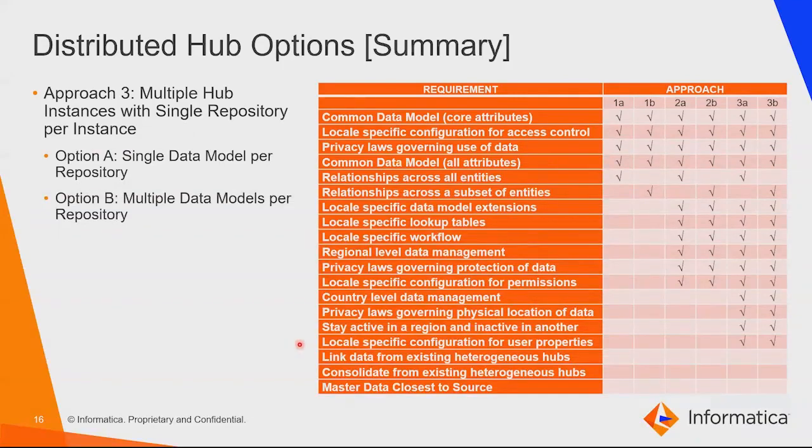So if these are the kinds of use cases, you could go with either 3A or 3B to fulfill these requirements. But if it is very simple, like a single hub instance with a single repository, or any other such variations, you could go with the options 1A, 1B, 2A, 2B. But if you have additional requirements like these, you could go with the options 3A and 3B.